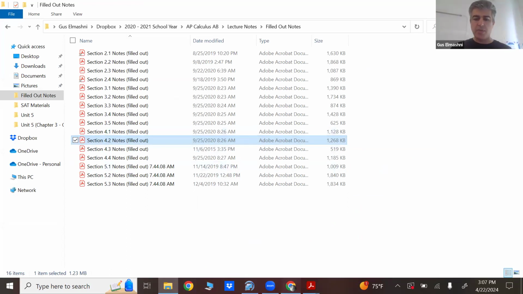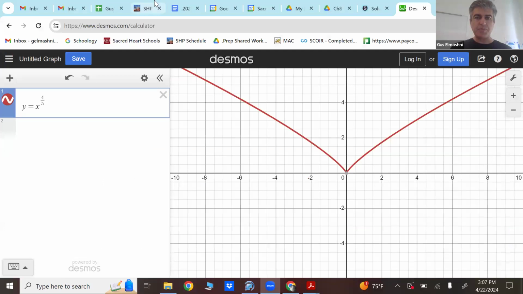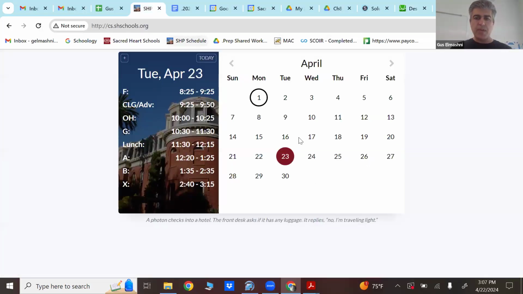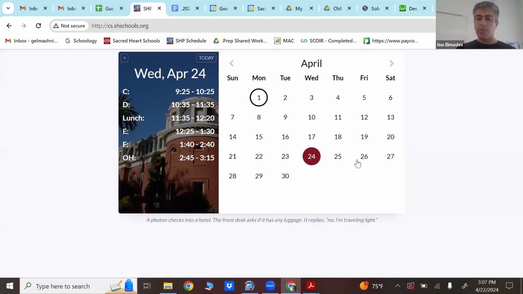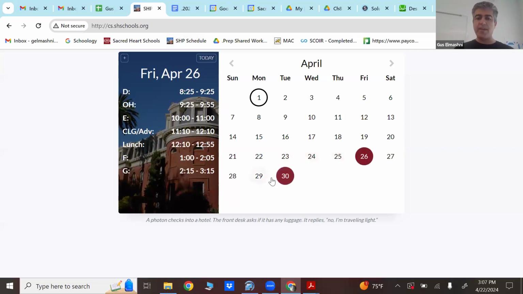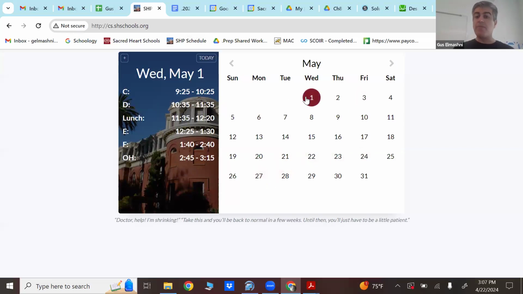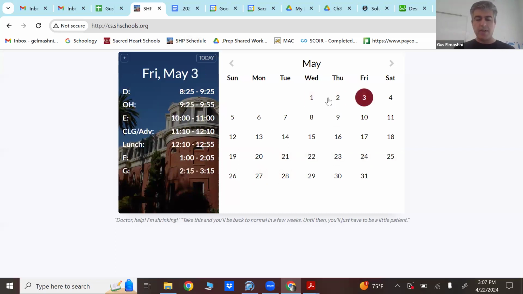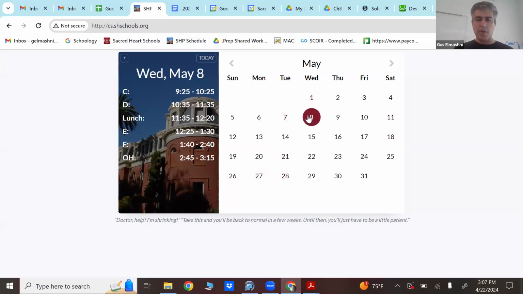Looking at the calendar again, Wednesday we'll finish 3.2, review a test Friday. May 1st we'll do 3.2. Then 3.3, then 3.4, then I think 3.5, then 4.1. I might need a couple days for some of these. The plan is to have our test on the 15th if we can have it, or the 17th.